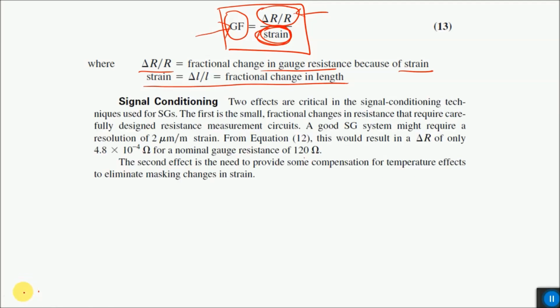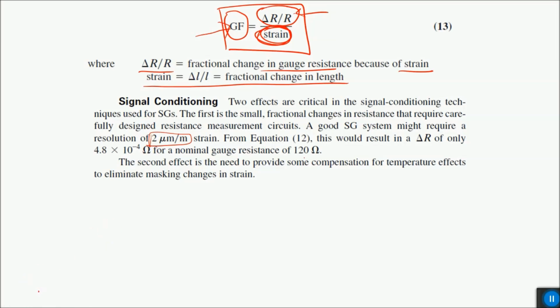So two effects are critical that should be kept in mind in designing the signal conditioning techniques for the strain gauges. The first one is a very small fractional change in resistance, and that requires carefully designed resistance measurement circuits. A good strain gauge system might require a resolution of 2 micrometer per meter. So delta L over L is approximately 2 micrometer per meter for good strain gauges, and that is the required resolution.